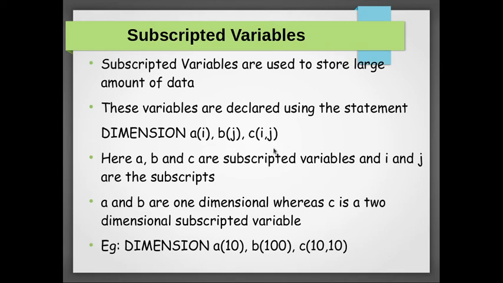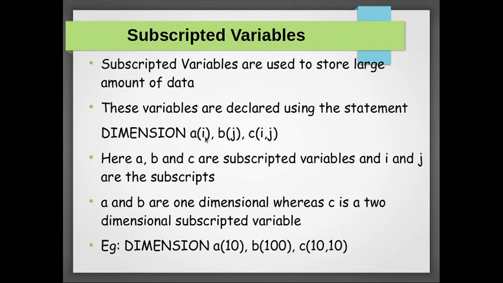These are very useful when we deal with matrices. If I have a 3 by 3 matrix, which most of you have done in mathematics, the elements of the matrix can be A11, A12, A13, A21, A22, A23, A31, A32, A33. So we can use subscripted variables to deal with matrices.